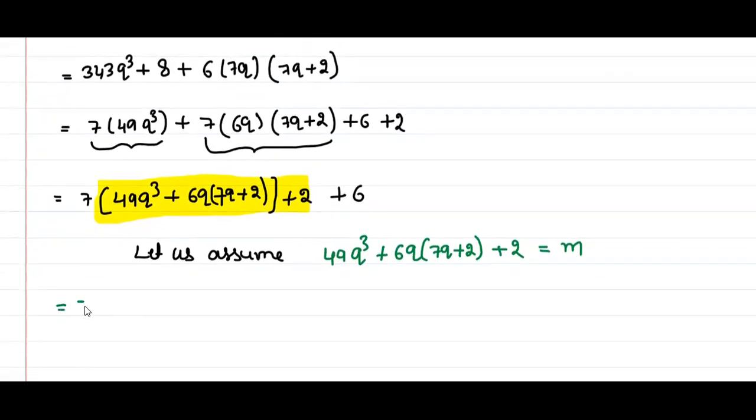Then 7m plus 6. So a cube is equal to 7m plus 6.